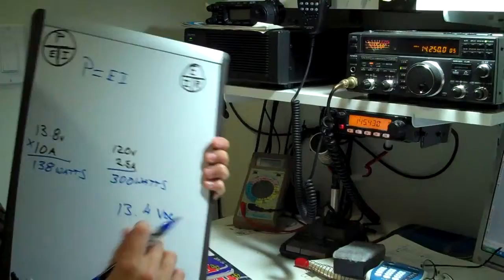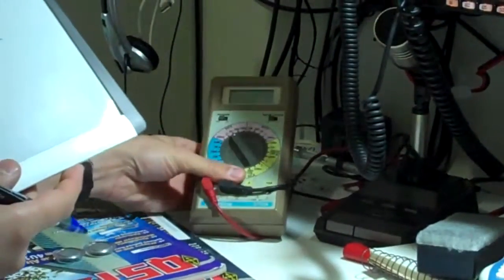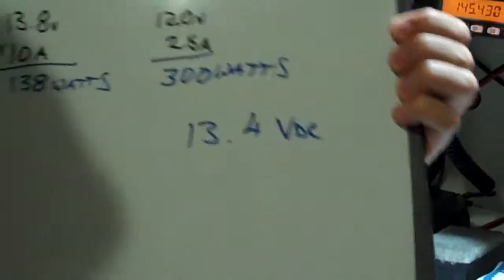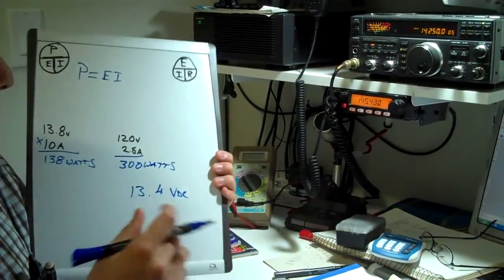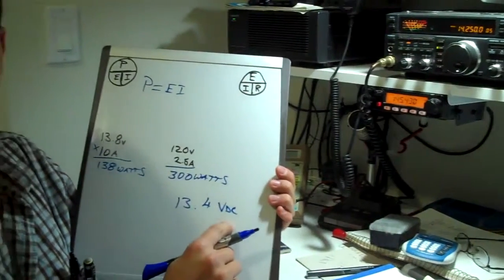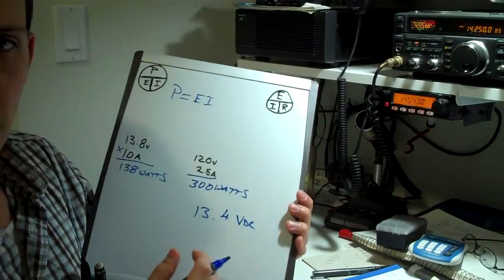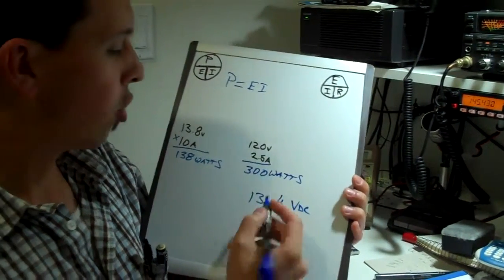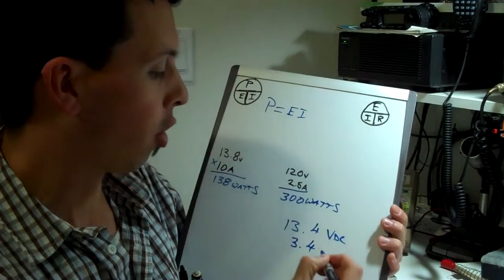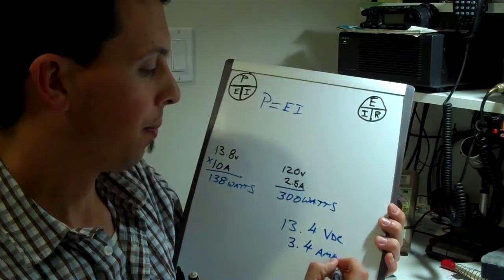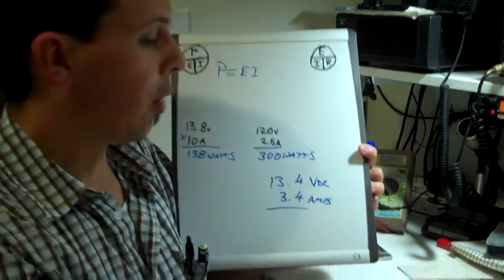What I did is I took my little voltmeter and stuck it up to the power supply on the leads that are coming out to the radio, and I noticed that there is a draw of 13.4 volts DC. Then I need to figure out what the current is. Let's just say I figured out that we're looking at 3.4 amps.